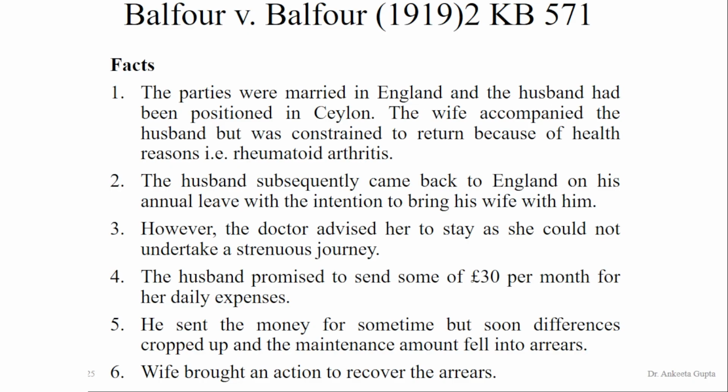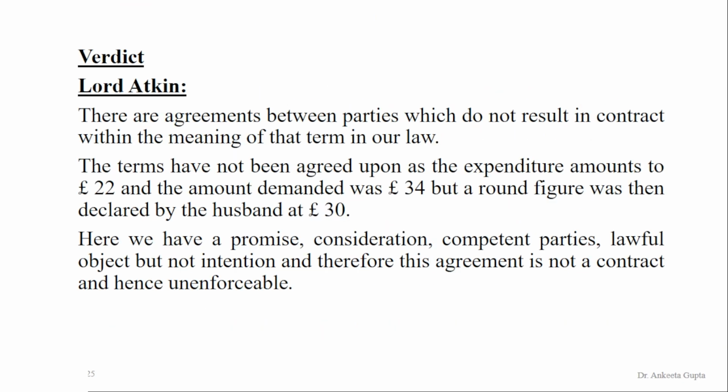Now, when the maintenance money fell into arrears, the woman brought an action against the husband to recover those arrears. Now, here Lord Atkin made a very interesting statement. He said that there was actually no discussion between the parties in terms of specificity with respect to £30.